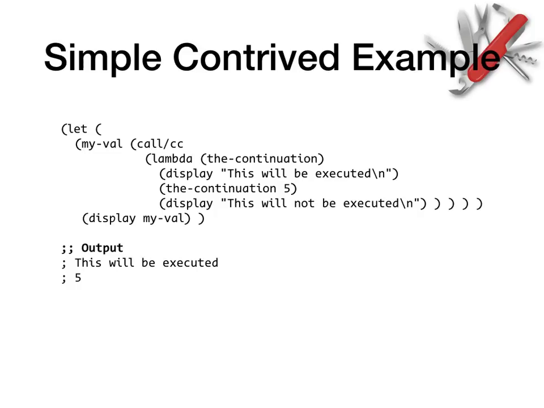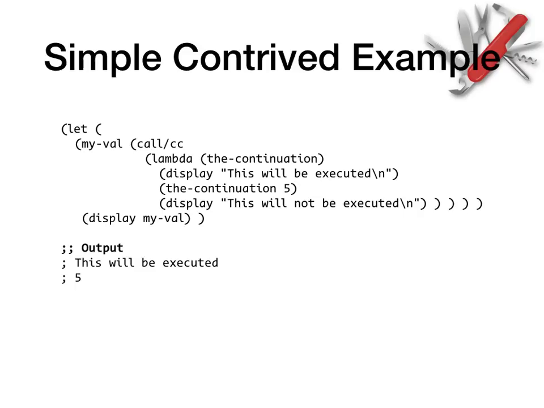So when we called call cc, it then called this lambda function, passing in call cc's continuation in the variable the continuation. So when we call the continuation 5, it returns from call cc the value 5.